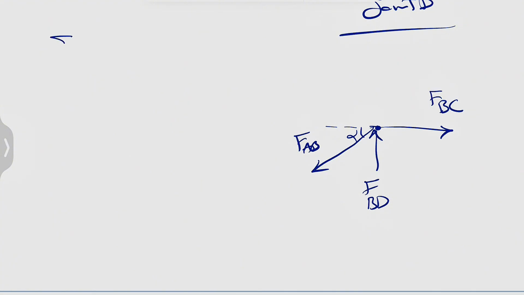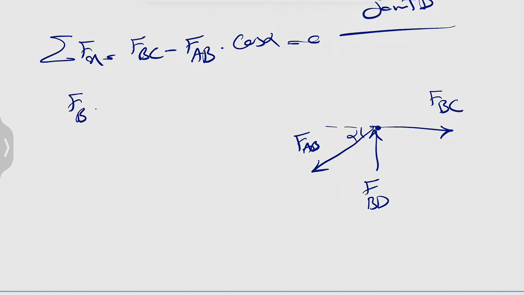Since we are interested in BC, we're going to do the sum of all forces in X in here. We have FBC minus FAB, this time cosine of alpha. So FBC would be FAB, which we found was 43.74. I'm just going to do the unit conversion for pounds. That way we can get FBC in pounds too.